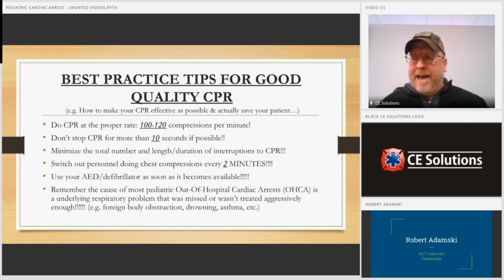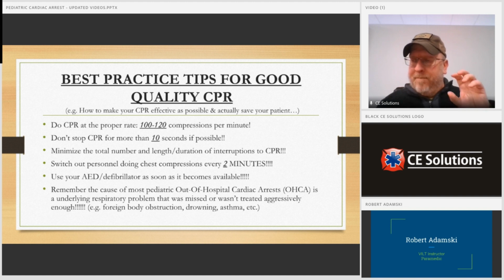And if you're doing your compressions at like 150, 200 compressions per minute, you're going way too fast and you're not giving that heart that time it needs to refill with blood, which in medical terms eventually is going to result in what we call decreased preload.